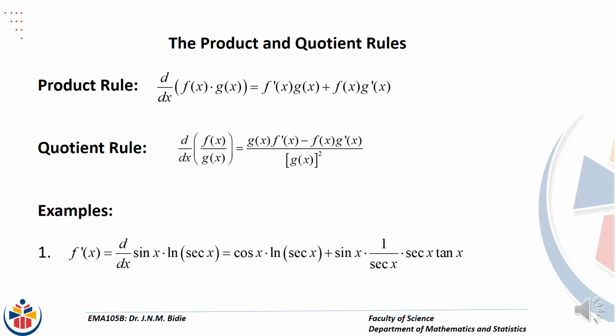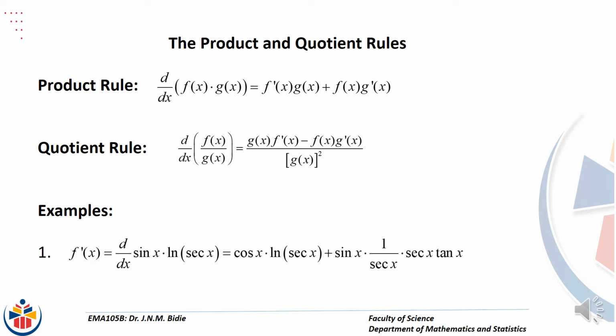Now we go to the product rule and the quotient rule. Product rule, note that we are talking about a product of two functions. Quotient rule, we are talking about the division of two functions and not more.